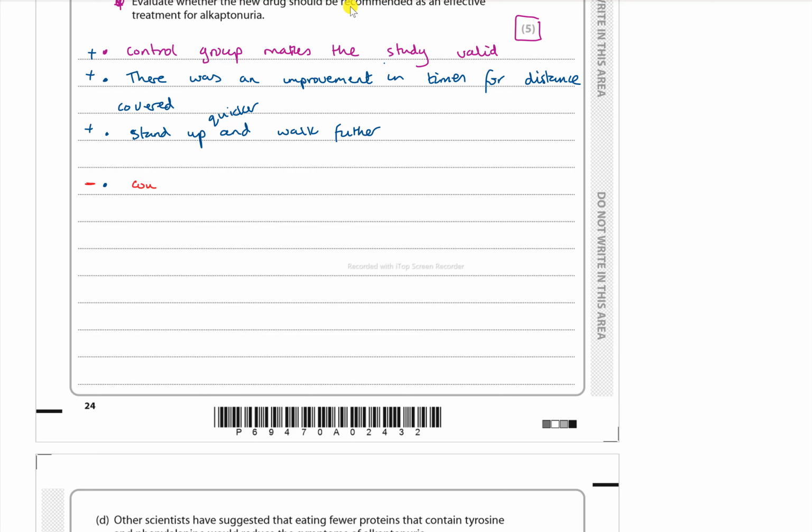So could have used a larger study sample or group of people, but you don't always, for some reason not all finished and one died in the group, in the drug group.